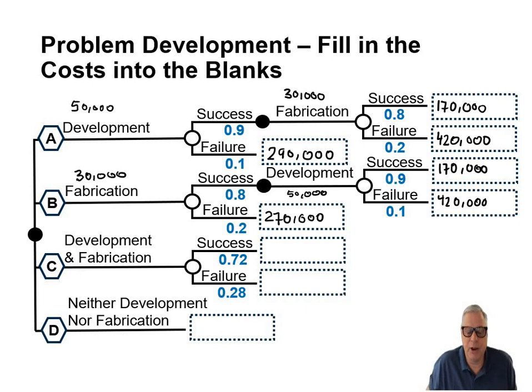So if development and fabrication is successful, then we spend 80,000 together. And then we can produce the engine at $9 each, so that's 90,000. So here we also will get 170,000.